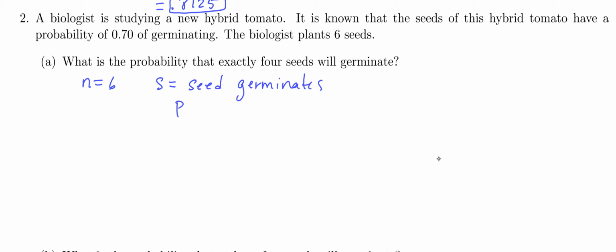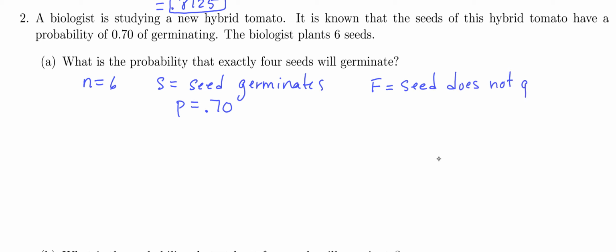We are told in this problem that p, the probability of success, is 0.7. Failure in this case is that a seed does not germinate. And in this case, probability of failure is 1 minus 0.70, or 0.3.